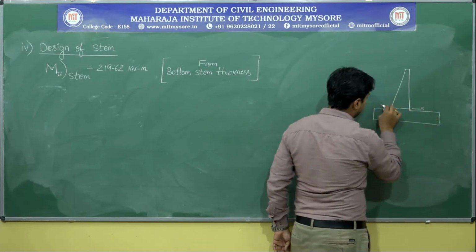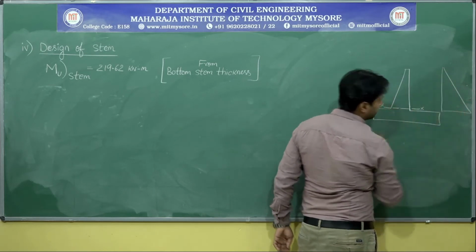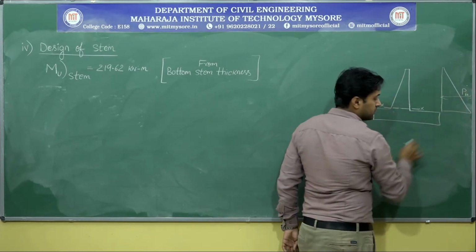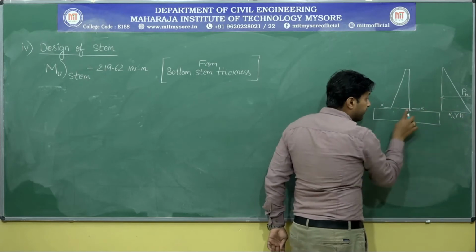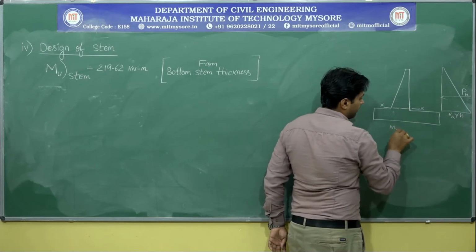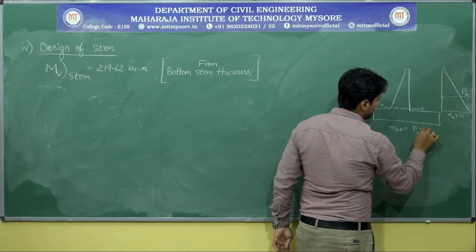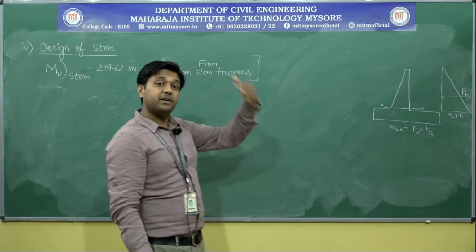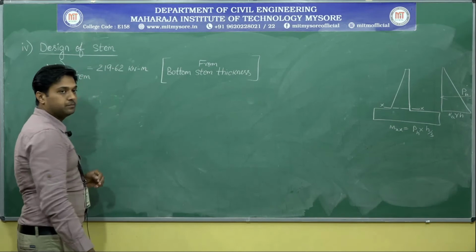X6 I have called it. And I have drawn the pressure diagram only for this. Here I have written it as P into small h, this is Ka into gamma into small h. If I want the moment about this junction, it's pH into h by 3. This I have already calculated in the previous classes, so I have taken it from there.